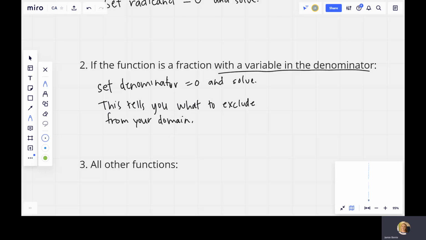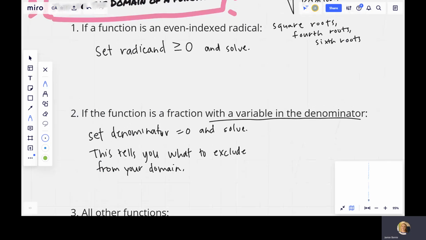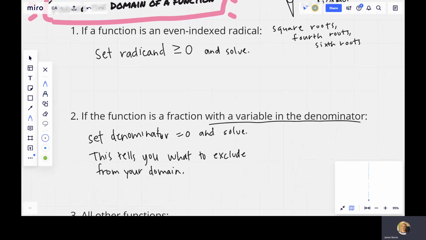All right, so when you have an even index radical, you set the radicand greater than or equal to 0 and solve. And I could add in a little extra part here. It says this tells you what to include in your domain.